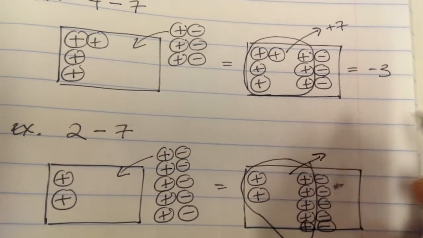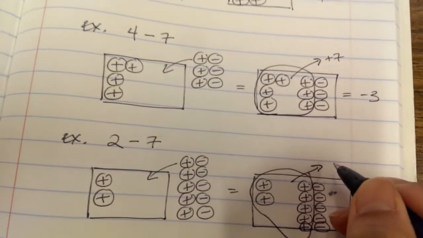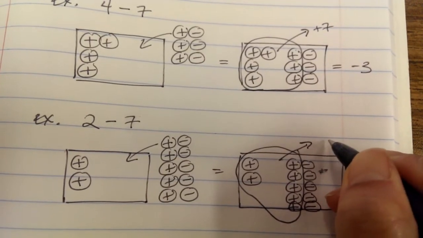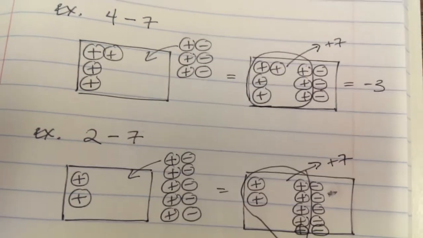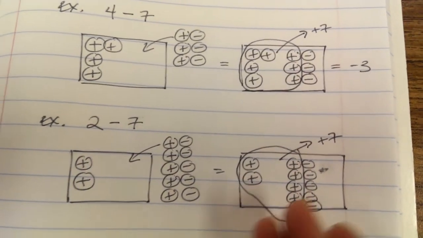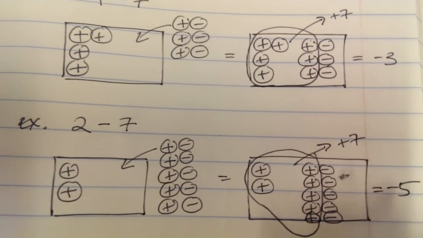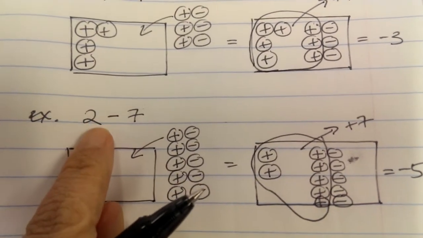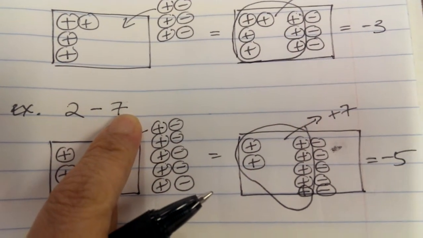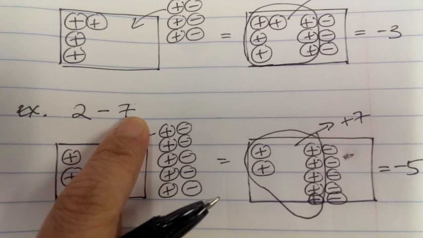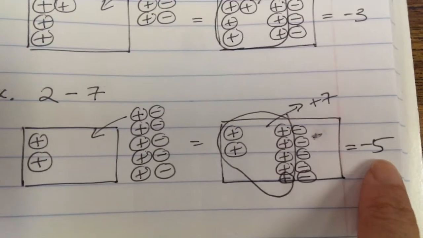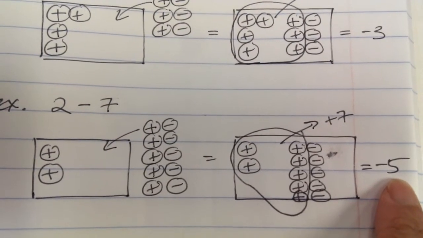So I'm going to take out the 7 that I need. So I'm going to take out the 7 positives. And then what's left in the box after I take out the 7 positives? 5 negatives. So here I have $2 and I want to take out 7. That's not enough. I don't have 7. So then I'm going to end up owing the bank $5. Okay?